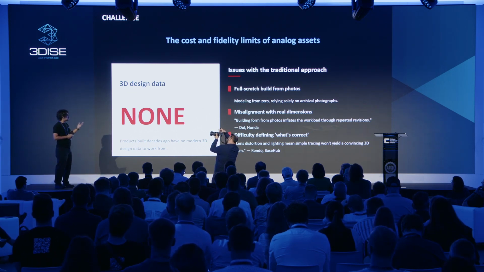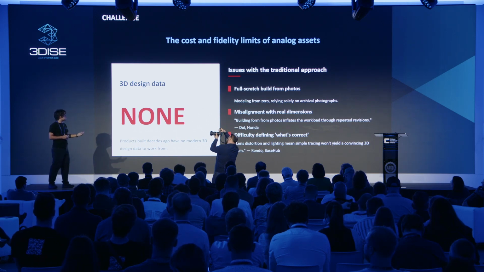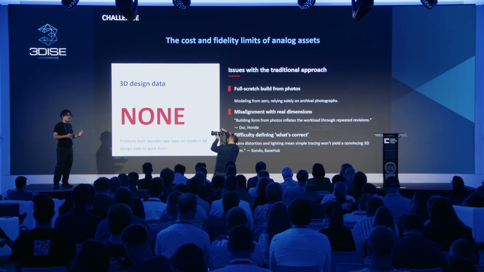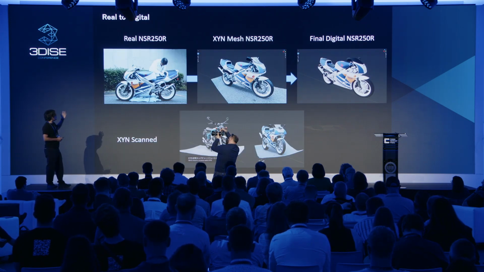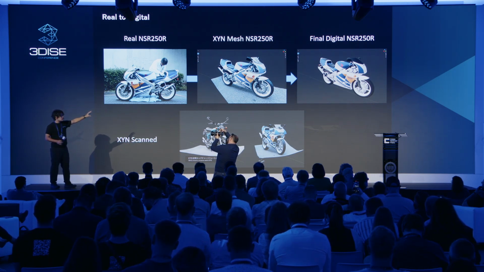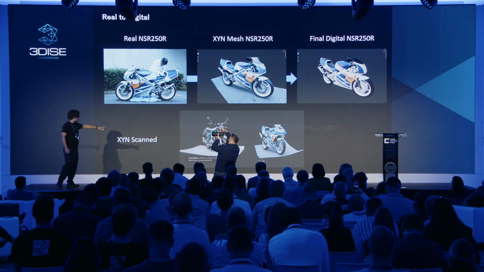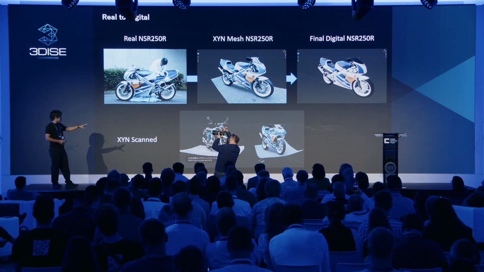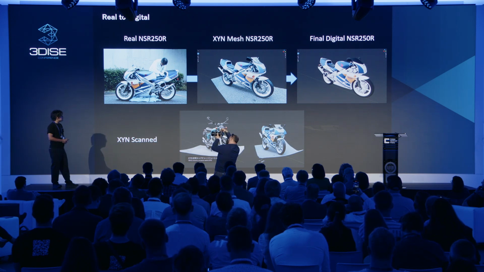They would have to create it from scratch, but using traditional 2D photos, there are a lot of difficulties and it takes a lot of time. So we scanned this real bike and turned it into our mesh, and then they recreated it from scratch as well, using the scan as a user reference. As you take a look at it, you can see the details of the mesh of the vehicle. Actually, it's usable for the project.